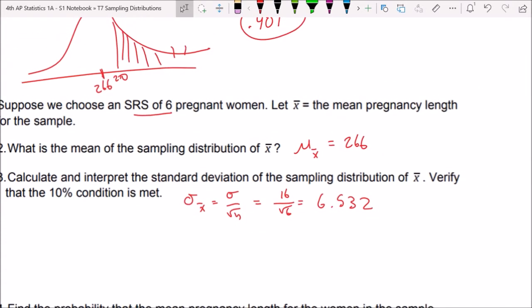Okay, we're asked to interpret that and verify that the 10% condition is met. Now, when we're interpreting, this is the old-timey response, that golden answer that uses the word typically.